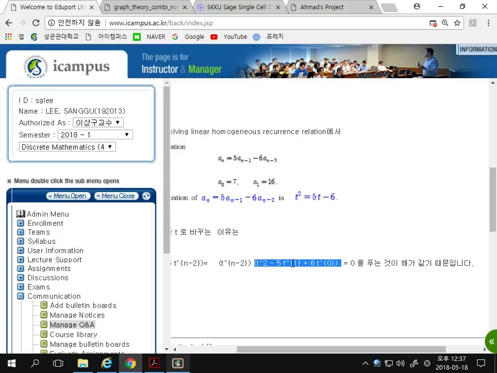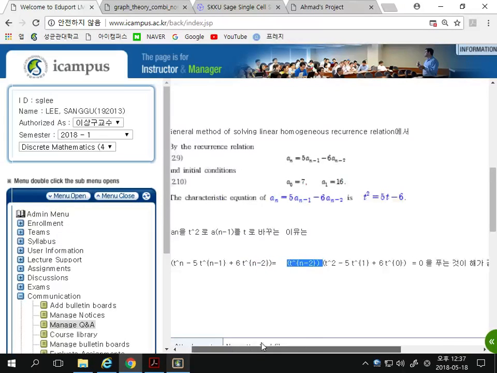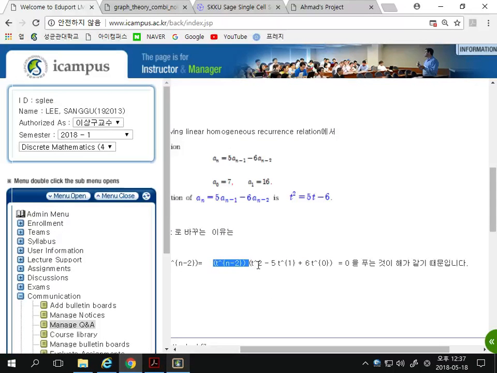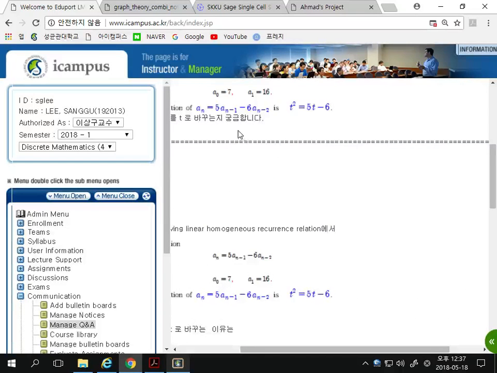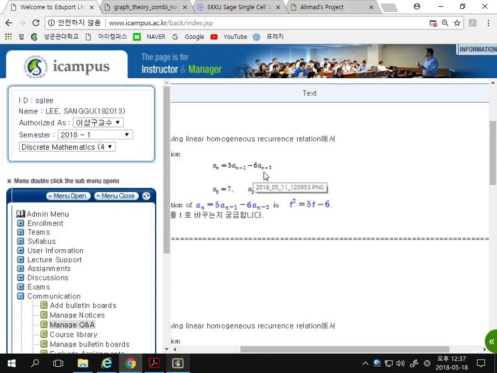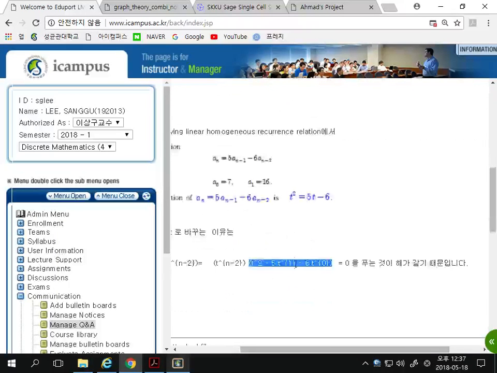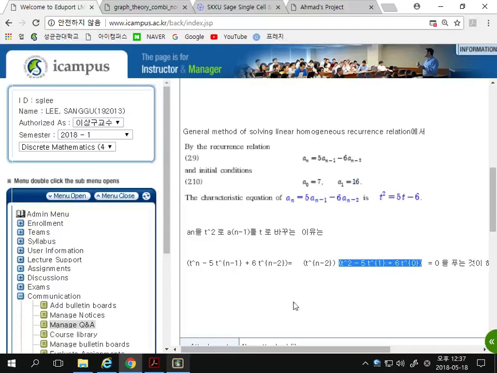So the solutions of these two are the ones that we really need. That's why, for the characteristic equation, we don't care about this part. We only concentrate on this quadratic equation for a recurrence relation with two terms like this. Okay? This is the reason.